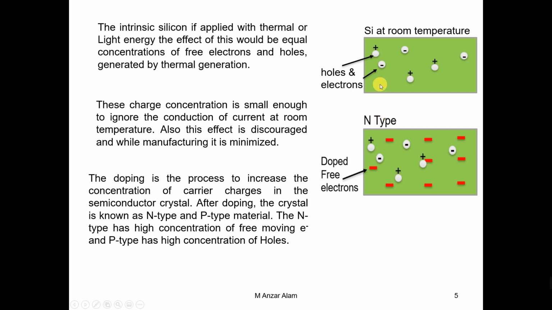Remember, this electron is due to the thermal effect, and this is the positive charge on the silicon nucleus.